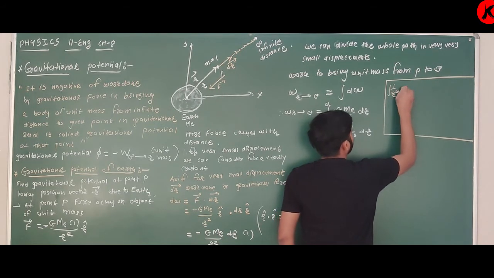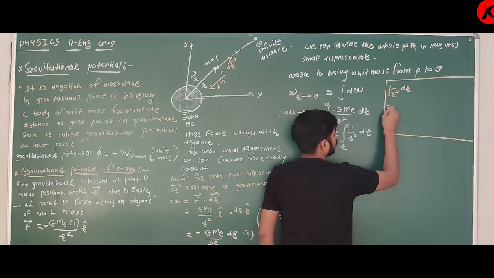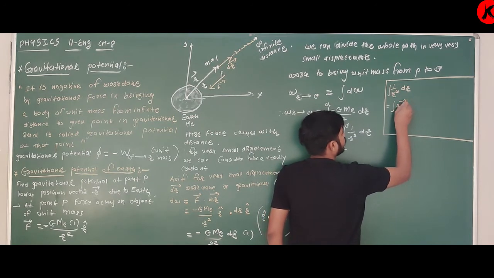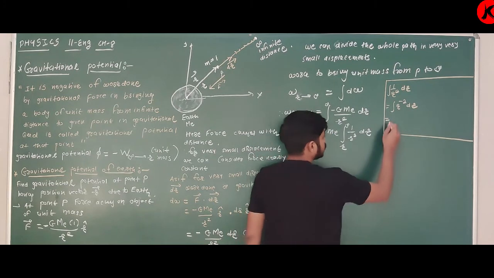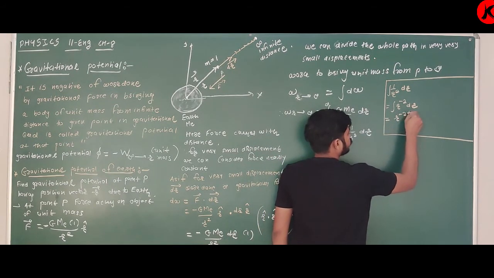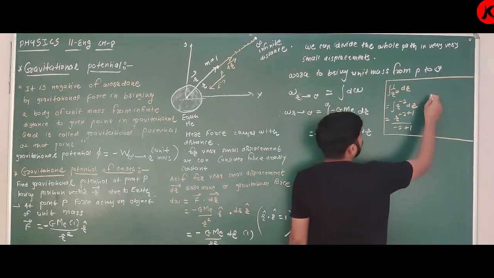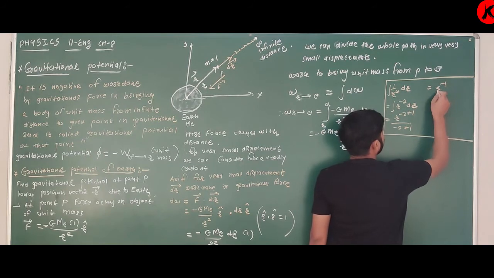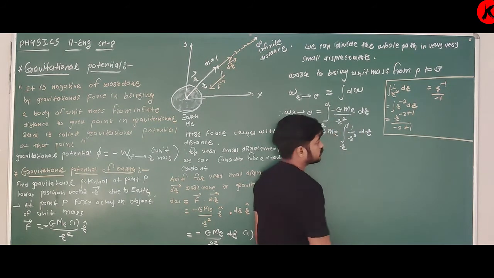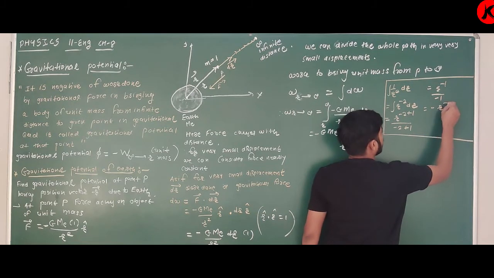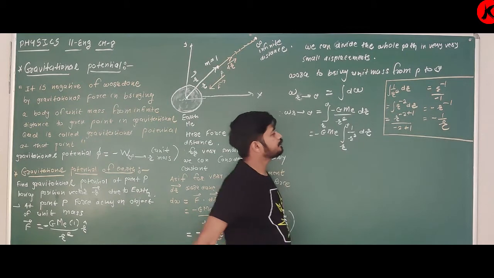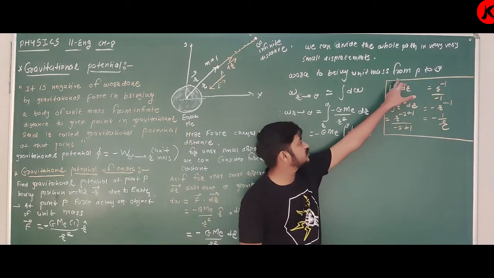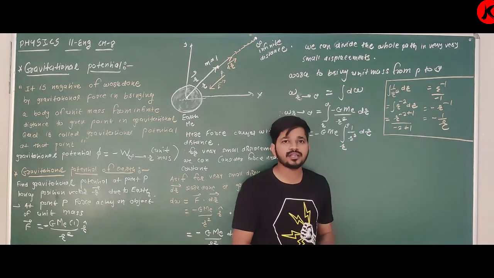Integration 1 upon R square dr is equal to integration R raised to minus 2 dr. What is the equation of integration? It is R raised to minus 2 plus 1 divided by minus 2 plus 1, which is R raised to minus 1 divided by minus 1. So I can write it as minus R raised to minus 1, which is minus 1 upon R. So remember, integration 1 upon R square dr is equal to minus 1 upon R.